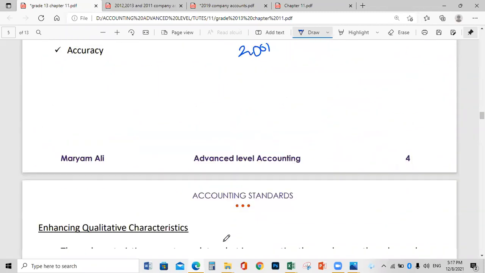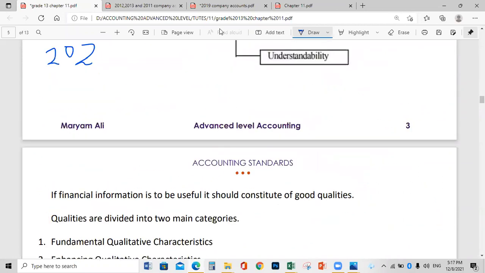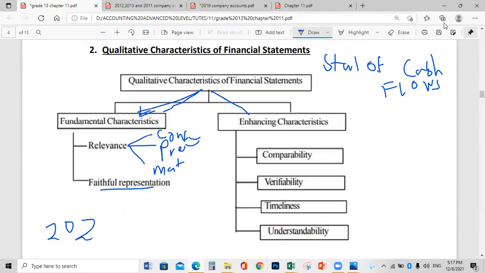Okay, then, guys, the next type we are going to study is enhancing characteristics. Enhancing, the word enhance, something is increasing. Because, guys, if you have these qualities, your fundamental characteristic can be enhanced, it can be increased.